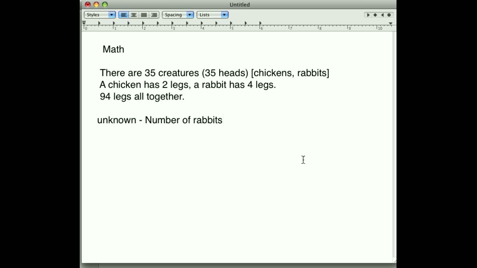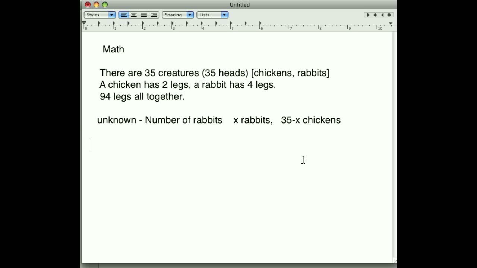And usually the unknown is marked with a letter X. So I'll say that we have X rabbits, and if we have X rabbits, that means that we have 35 minus X chickens, right? Because altogether we have 35 creatures, and if the number of one type of creature is X, then the number of the other type is 35 minus X.